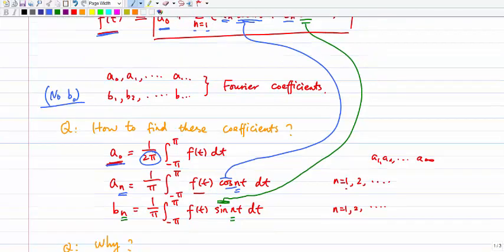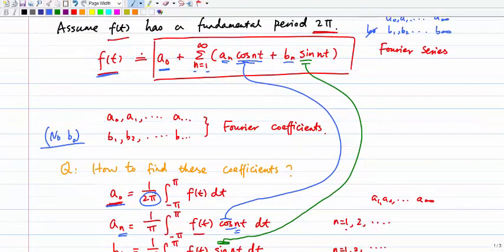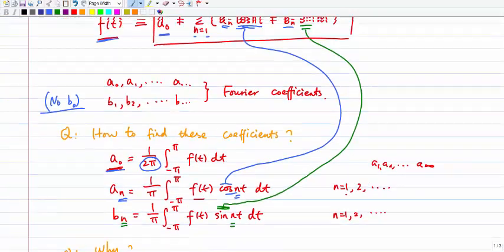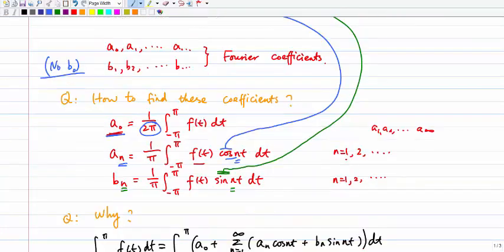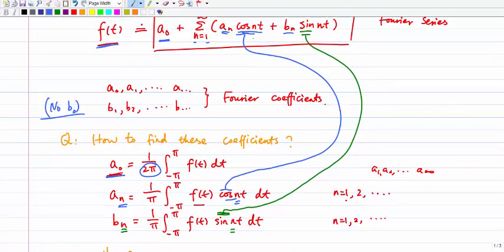If that's the case, we do integration on both sides, integrating over t from negative pi to pi. The left hand side is just the integral of f(t) over t from negative pi to pi. The right hand side, I just copy everything from here.